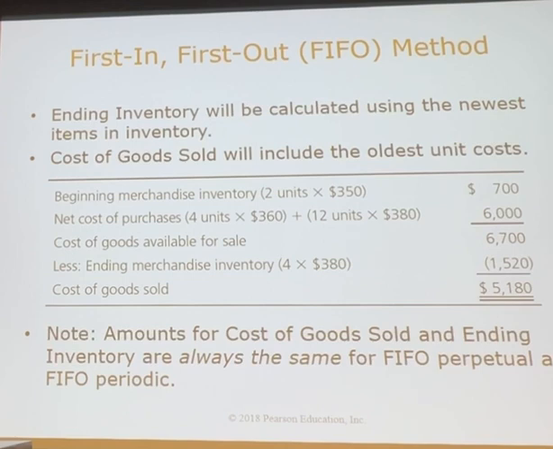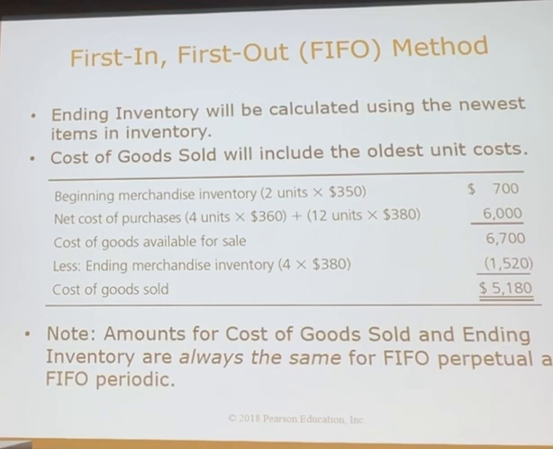Now, notice the note at the bottom of the screen. Regardless of whether you're using perpetual inventory or periodic inventory, if it's FIFO, your cost of goods sold and your ending inventory are going to turn out to be the same dollar figures.